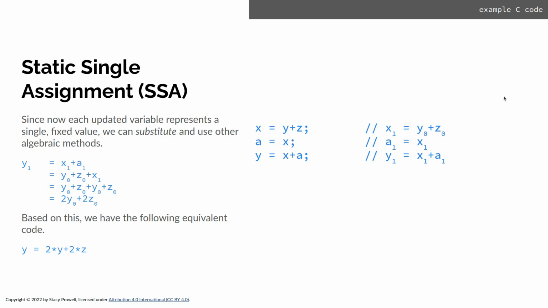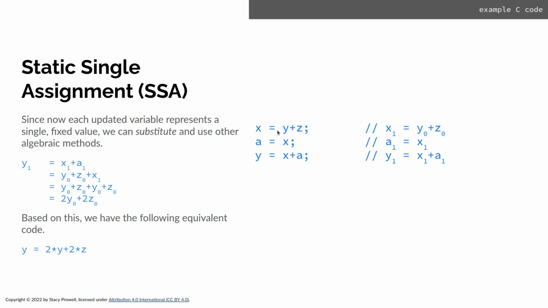You can use anything you want to use for this, but subscripts seem to work pretty well here. So A0, Y0, Z0, X0 are the initial values right before anything runs. What does this line do? It takes whatever the initial value of Y was and what the initial value of Z was, adds them together, and stores the result in X.